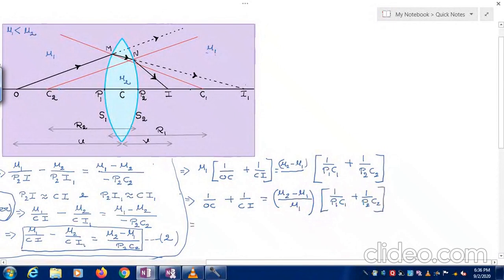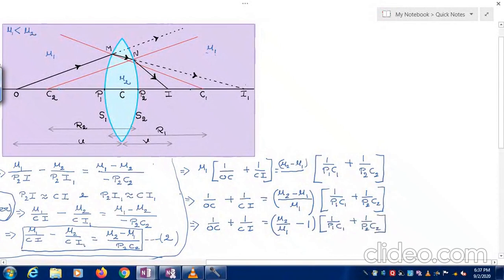This implies 1 by OC plus 1 divided by Ci is equal to mu2 divided by mu1 minus 1 into 1 by P1 C1 plus 1 by P2 C2.